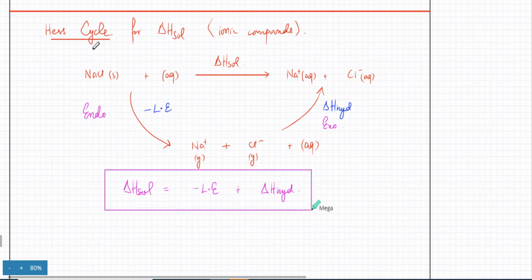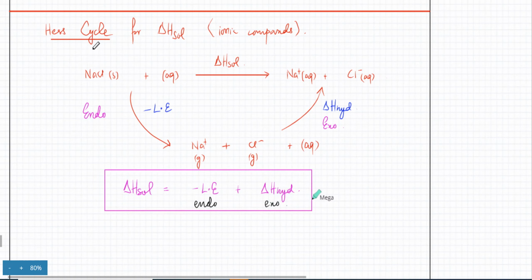So one of these values is exo and the other one is endo. The first one is actually endo. Don't get confused with the sign. The sign simply means that it's the opposite of lattice energy. The value, in fact, is endothermic. It's positive, actually. And the second value is actually exothermic. It would have a negative sign because you're forming bonds in that case.